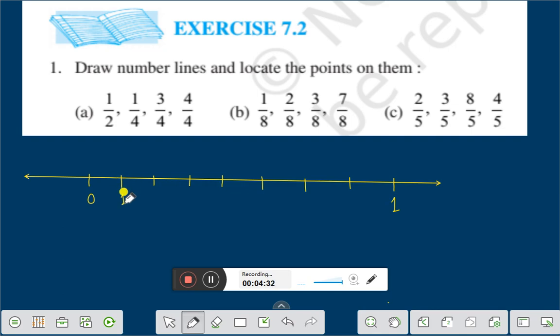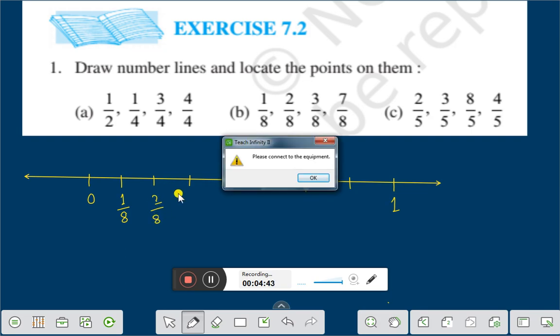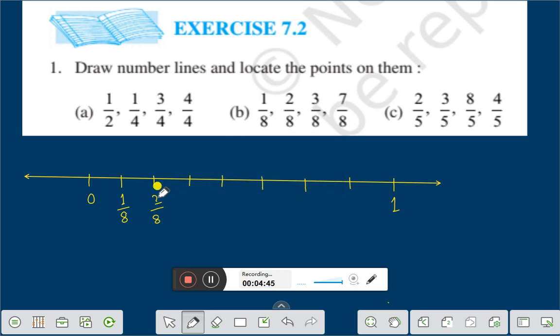Now we know that this is 1 by 8. This is 2 by 8. This is 3 by 8.